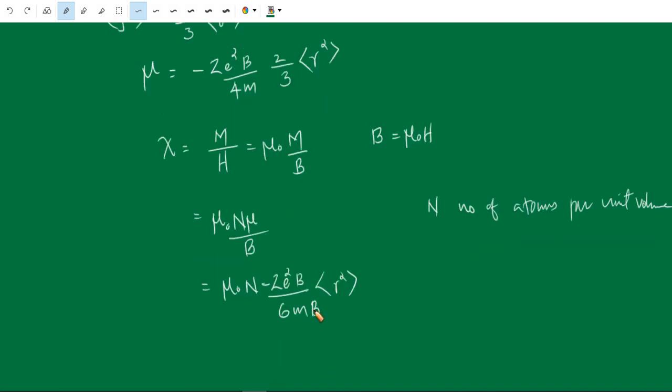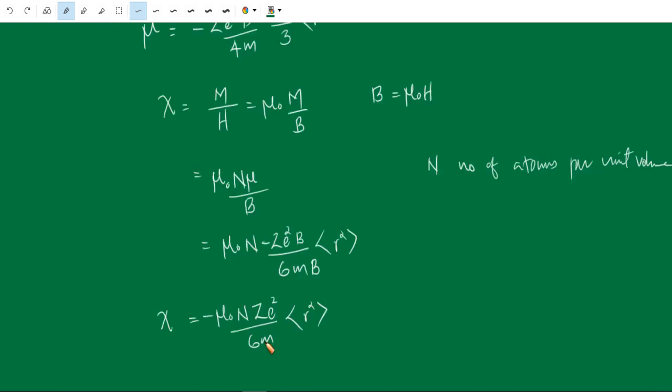The B gets cancelled in the numerator and denominator. Therefore, the diamagnetic susceptibility chi is equal to minus mu 0 n Z e square divided by 6m into mean of r square. If we know the mean square distance, then we get the expression for the diamagnetic susceptibility. This is the diamagnetic susceptibility, or Langevin diamagnetism, or the Langevin equation.